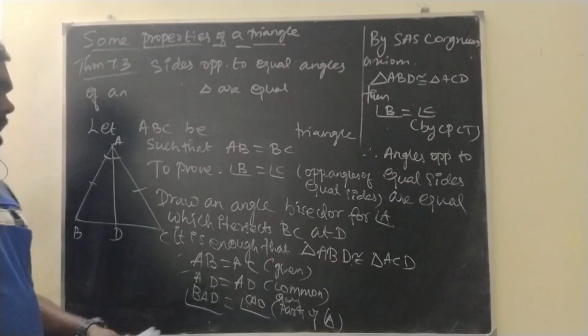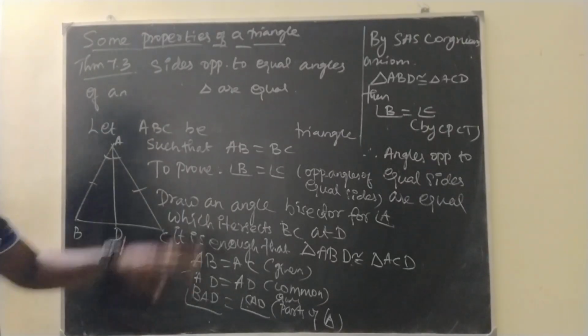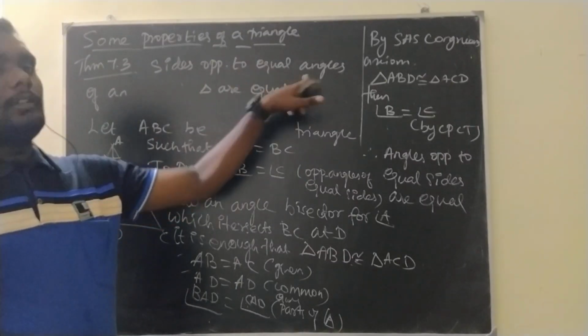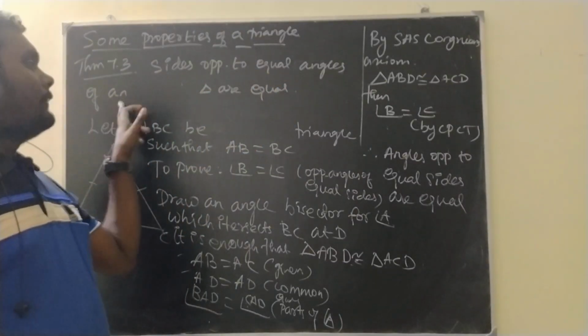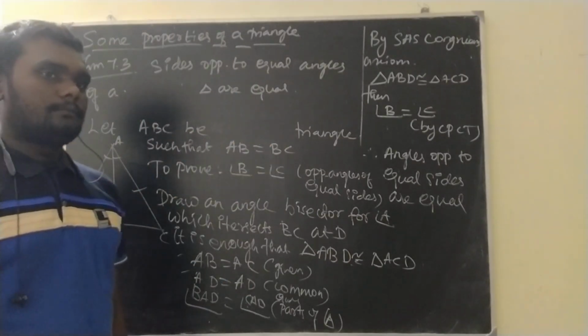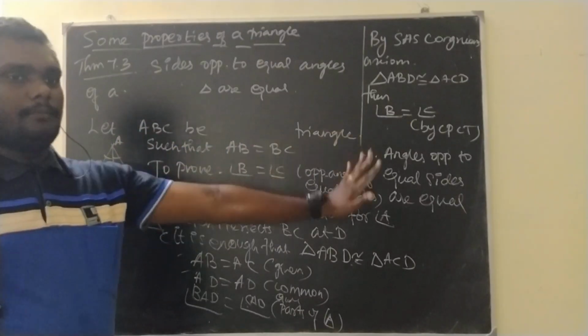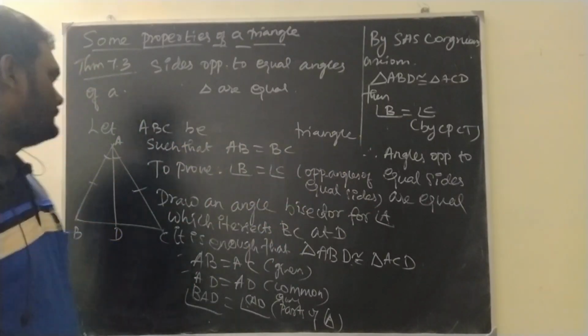Using the same thing I am going to prove. So we need to prove the sides opposite to equal angles of a triangle are equal. For that we need a triangle. So we will take, let ABC be a triangle.